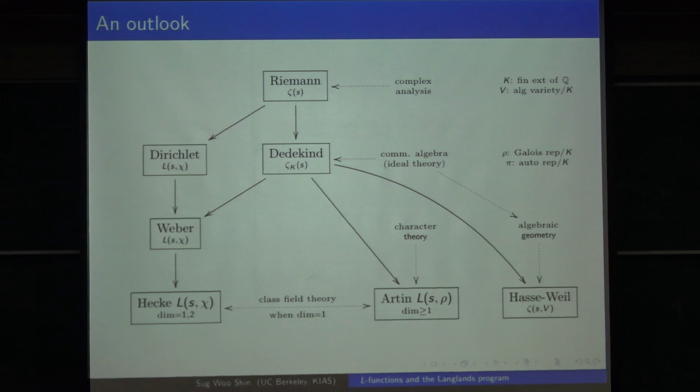The good news is that there are not 1,000 different kinds of L-functions after all. That will actually be one of the main points of the Langlands program, but at least just notice that there are three different directions.